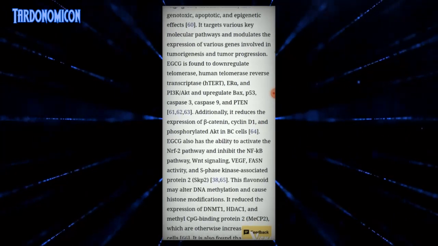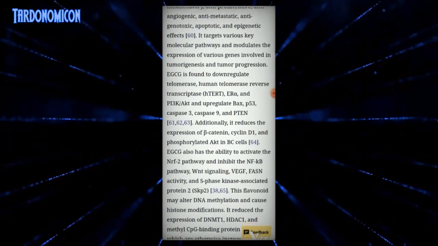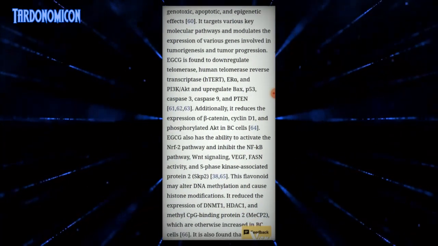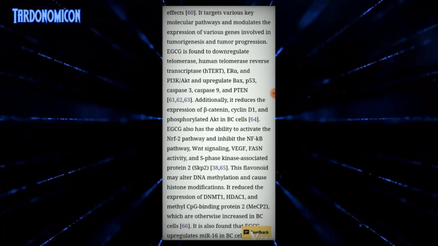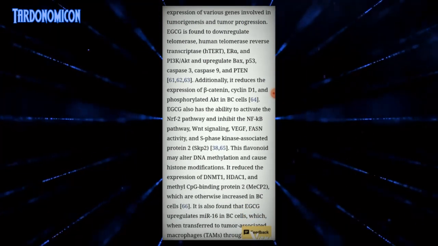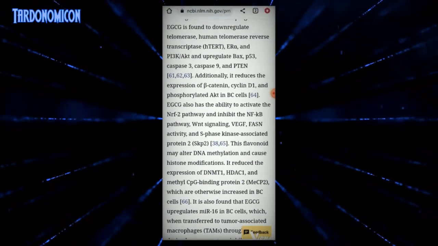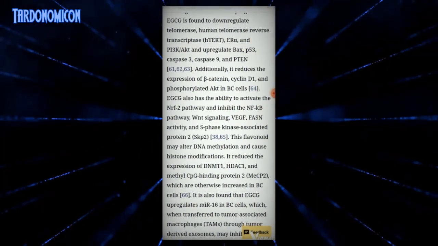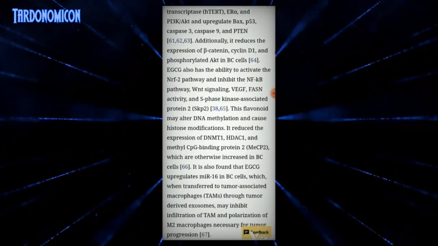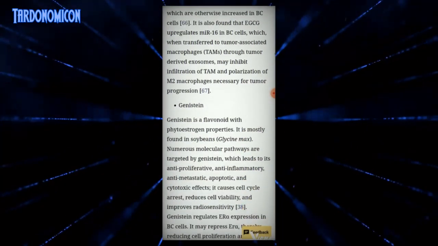It targets various key molecular pathways and modulates the expression of various genes involved in tumorigenesis, meaning the creation of tumors, and also knocks back tumor progression. EGCG is found to downregulate telomerase, human telomerase reverse transcriptase. Additionally, it reduces the expression of beta-catenin.